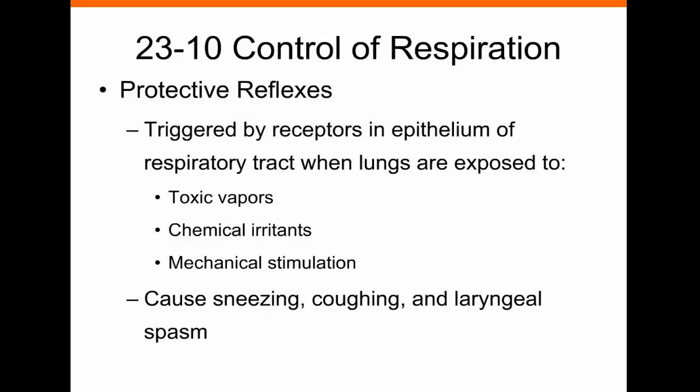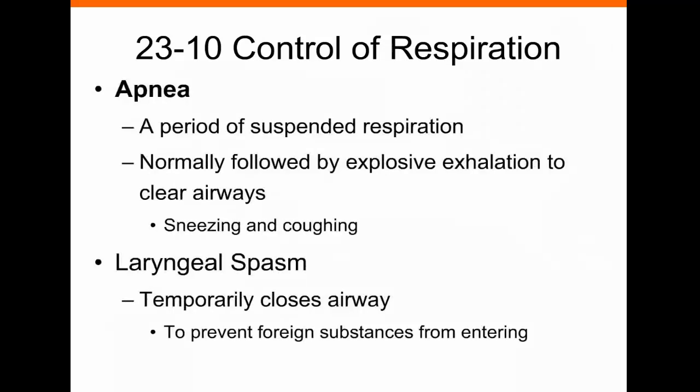So we have some protective reflexes as well, and these are triggered by the receptors in the epithelium of the respiratory tract when the lungs are exposed to toxic vapors, chemical irritants, and mechanical stimuli, and it causes sneezing, coughing, and laryngeal spasm. So it's trying to stop these irritants from entering the respiratory system.